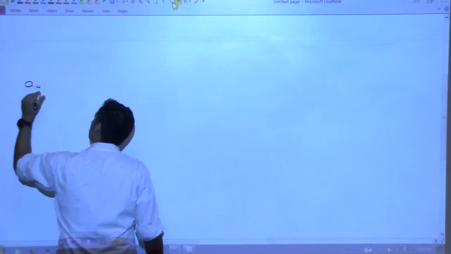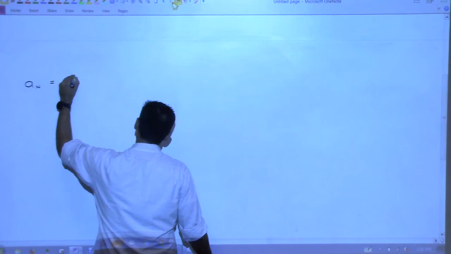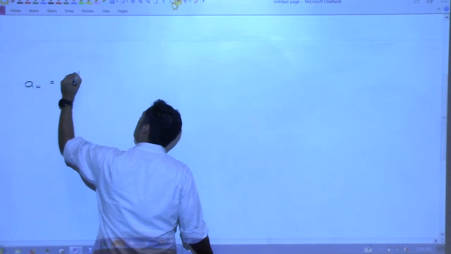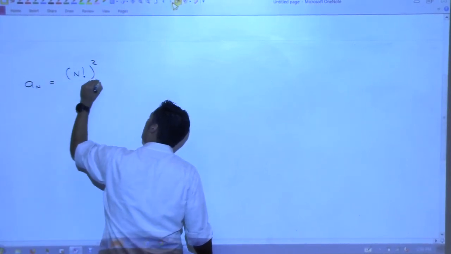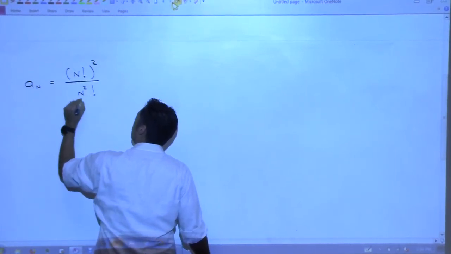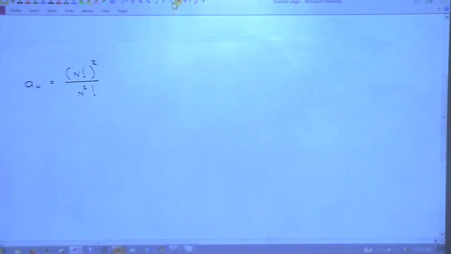I'm just curious if we can figure out what n factorial squared over n squared factorial does. I don't think we'll be able to do this. But I want to make sure we understand the difference between those two.